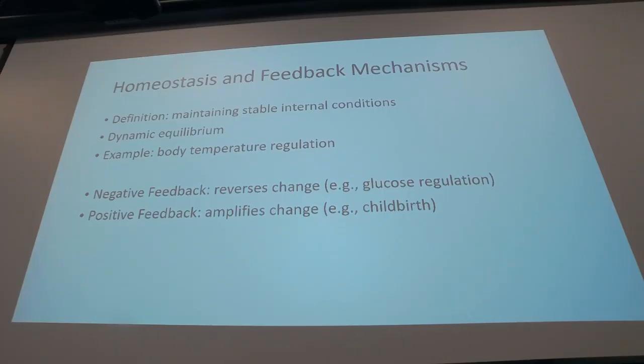A negative feedback is a feedback or a change that reverses the higher levels of the original function. And positive feedbacks amplify the change. So an example of negative feedback will be glucose regulation. An example of positive feedback will be childbirth.